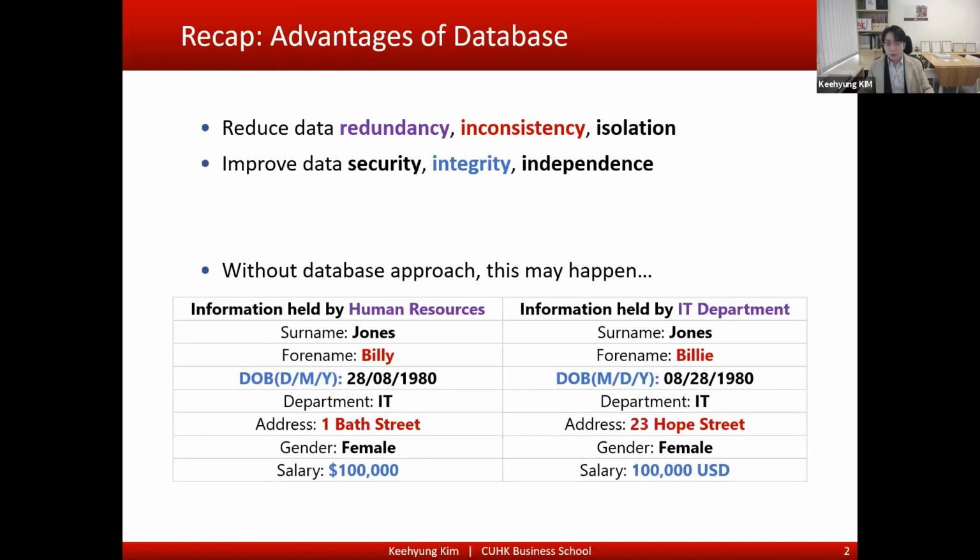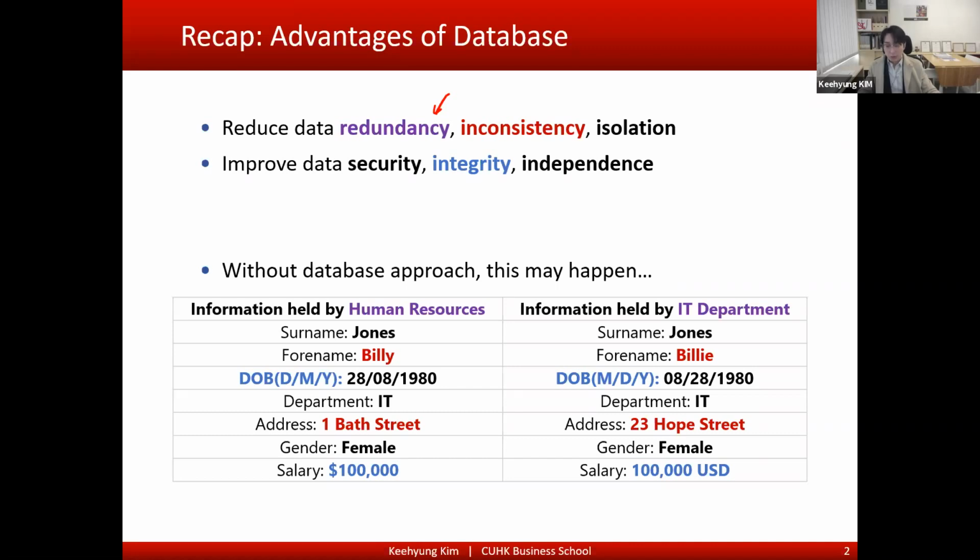If you don't use a database approach and you simply store your data inside a Microsoft Excel file or in a textual format like that, then there will be a problem. One problem is data redundancy. Data redundancy refers to the situation where there are multiple copies of data stored in multiple places.